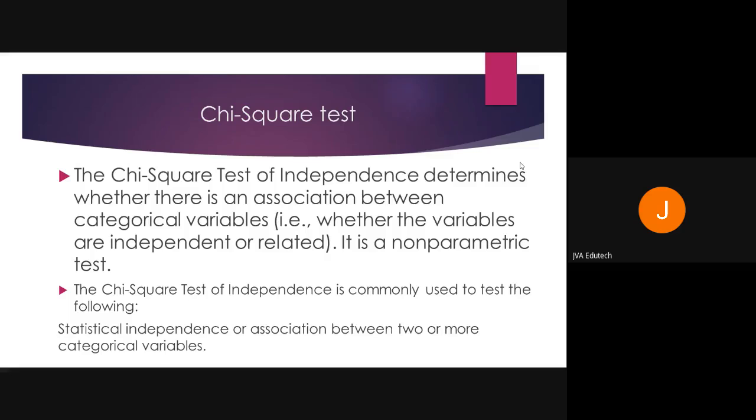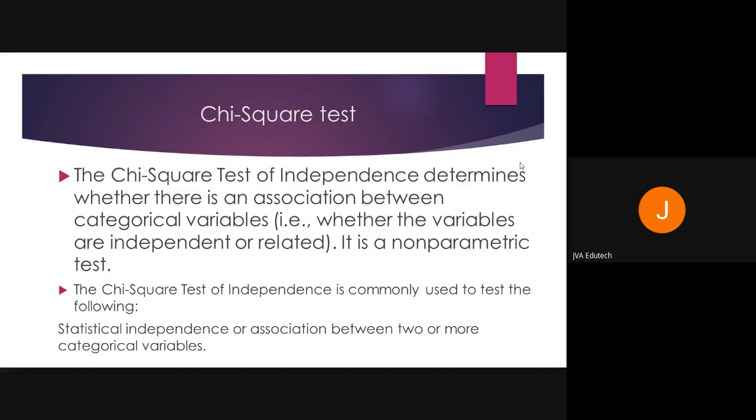Now you see both of your groups are categorical in nature. Means they are divided into categories, either smoker or non-smoker, or cancerous or non-cancerous. If you have a situation like this, then you will go for chi-square test of association.